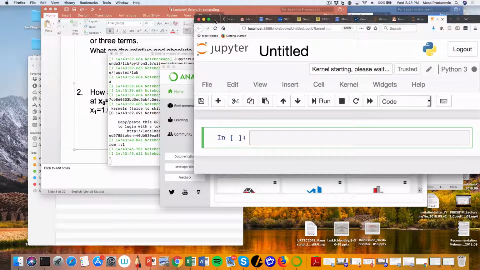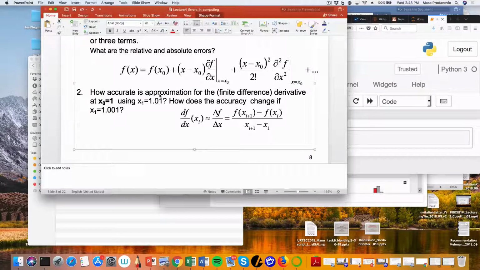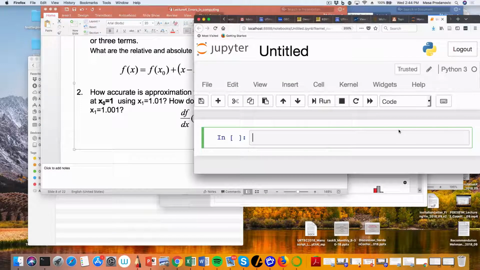So my question here is, how accurate is the approximation for the finite difference derivative at, again, x0 is 1, using x1 1.01 and x1 1.001? And the finite difference formula, in this case I'm just going to place this as an x0. It's f of x1 minus f of x0 divided by the difference between the two. Okay, so that's my approximation of the derivative.